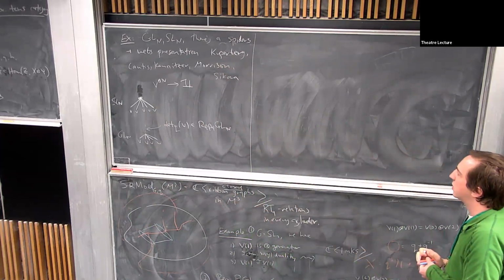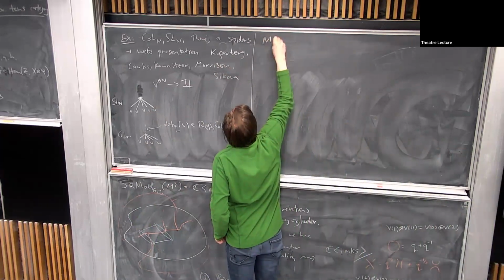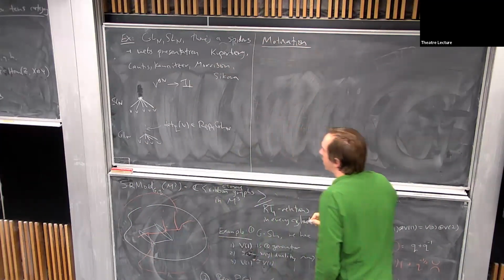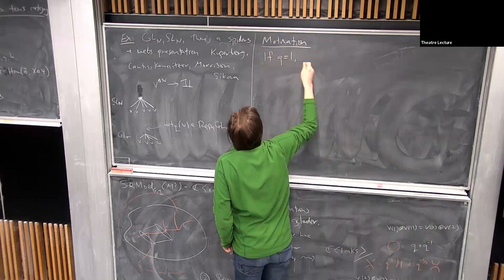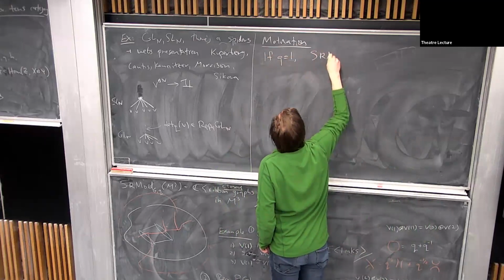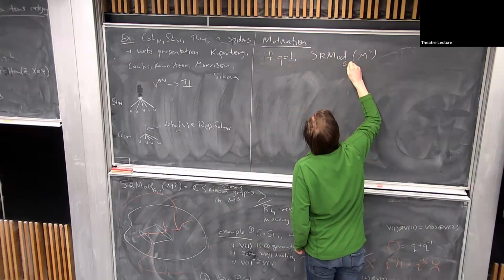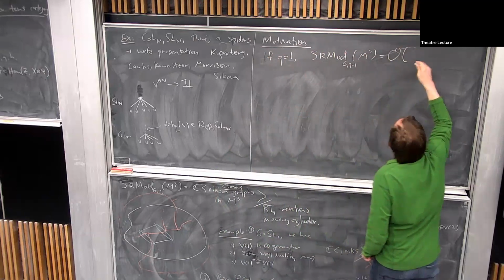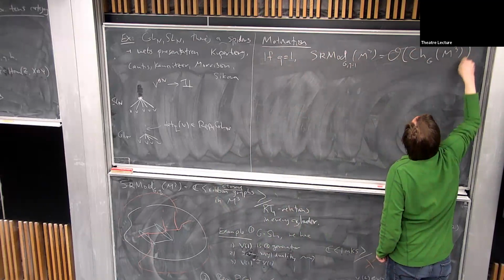So right. Just one more bit of motivation, which is why these things are so important: if q equals 1, then the skein module of any 3-manifold is the algebra of polynomial functions on the character variety of the 3-manifold.